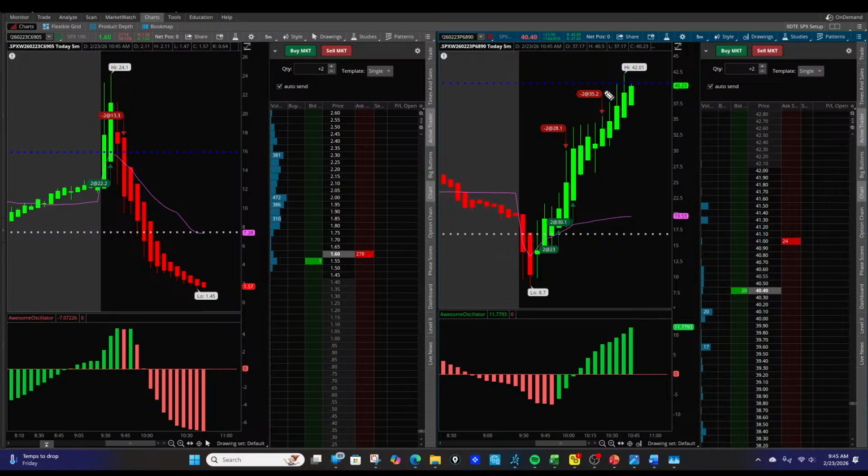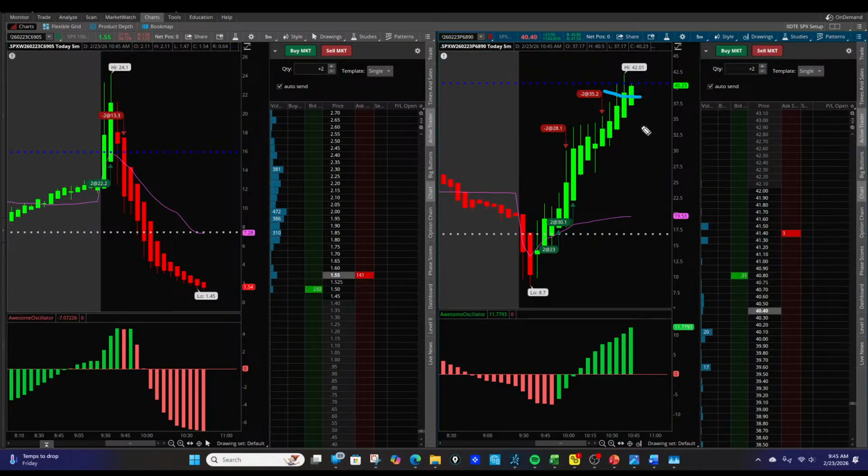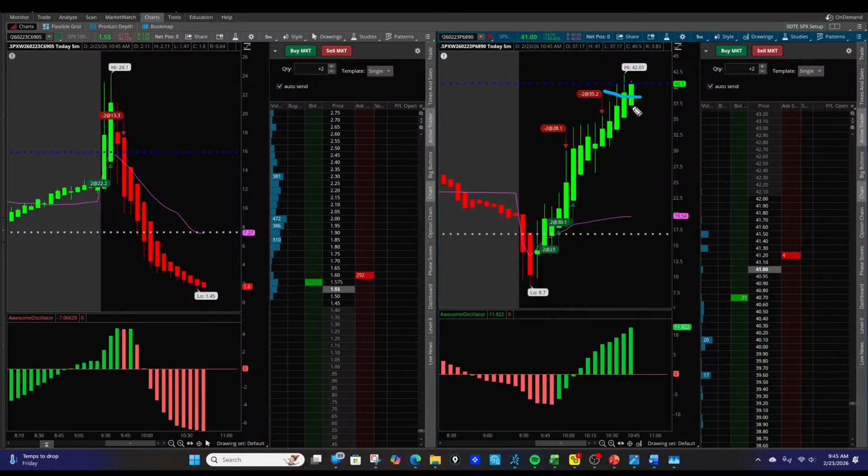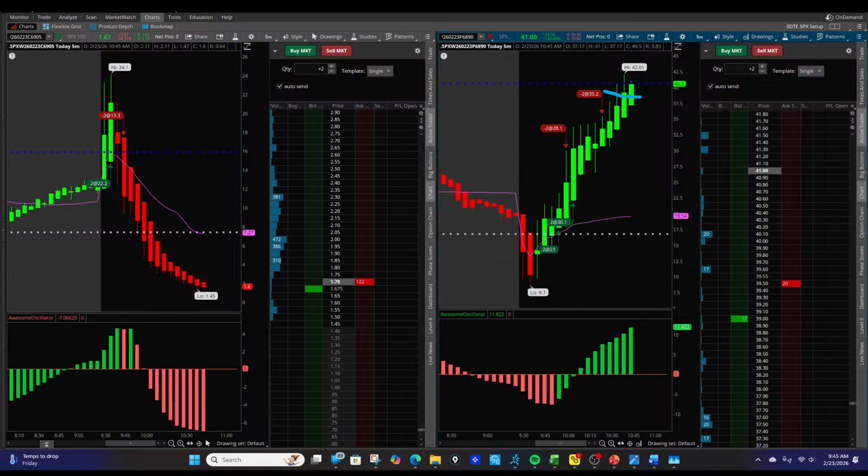Okay, right here, the real body on this candle has not gone through the dotted line. Now, this one, it's starting to, and once this goes beyond the dotted line, it's pretty much off to the races, because I think that's going to continue to rise.